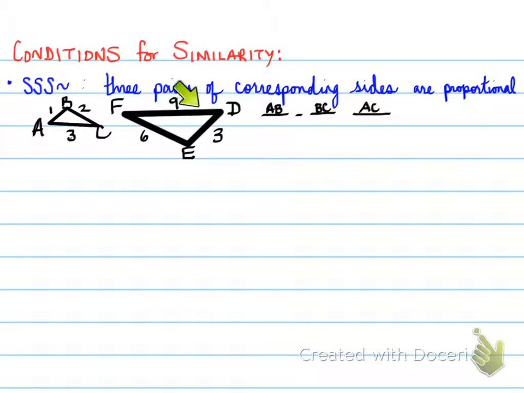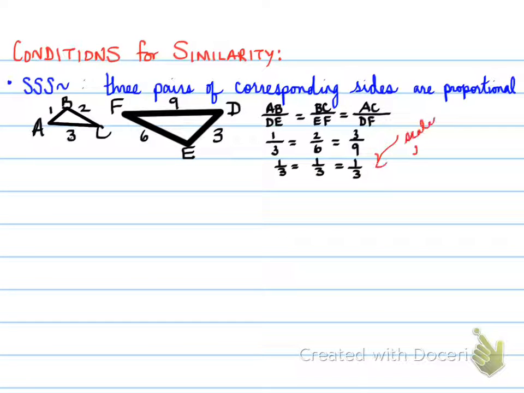So the small side in ABC is AB, the small side in the other triangle is DE, and then we have BC, which matches with EF, and finally the last one, AC, matches with DF. And because of that, we know that these values will all be the same. By dividing them, you reduce them all, and they all equal 1/3.